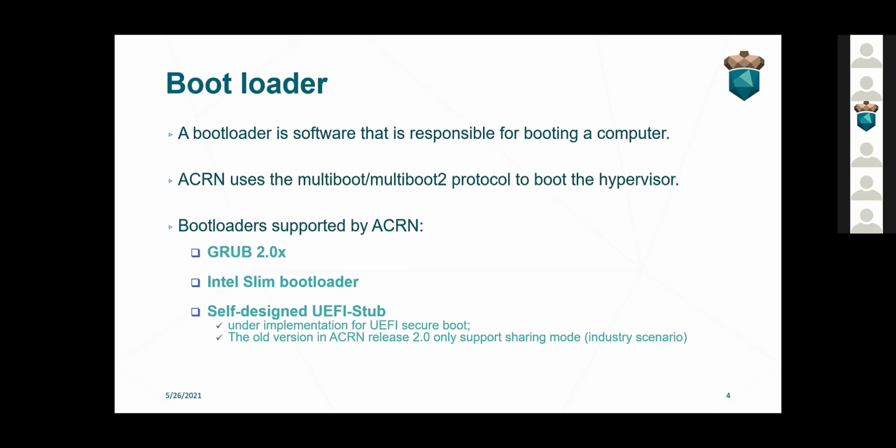The first is GRUB, which is very common for booting Linux. Another one is Intel Slim Bootloader. And we also have a self-designed UEFI-style bootloader for reference, with which you can boot the ACRN hypervisor without GRUB or SBL.